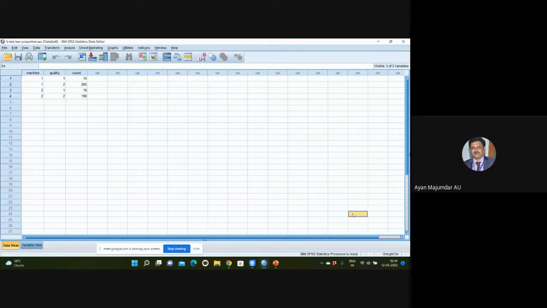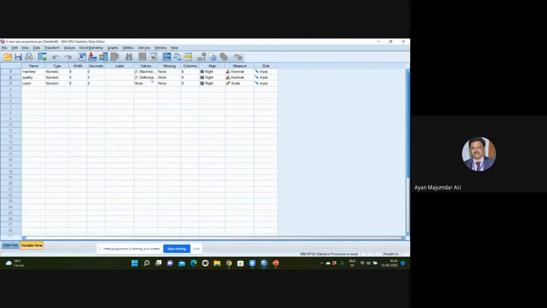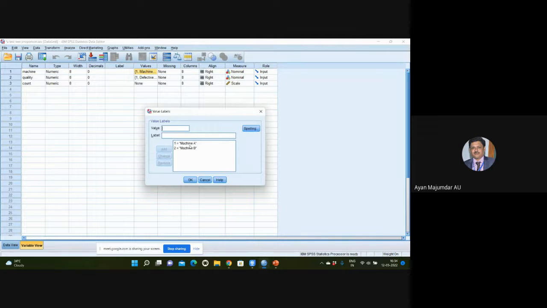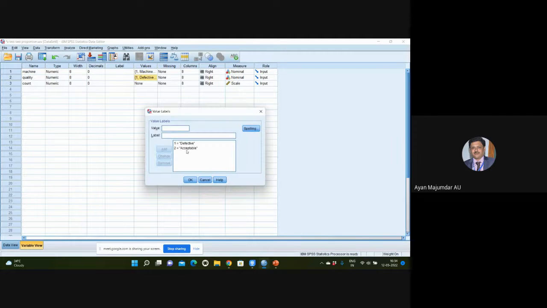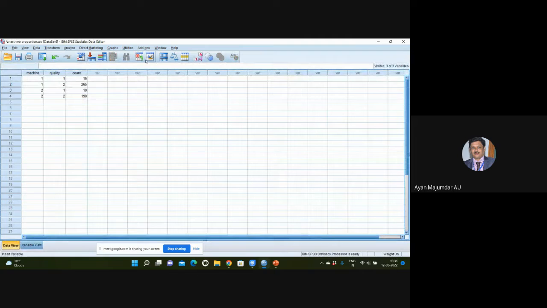In the variable, machine A is termed as 1, machine B is termed as 2, and in the quality also, defective is termed as 1, acceptable is termed as 2, in order to make SPSS understand the different machines and their quality. So machine A: defective items, acceptable or good items. Machine B, that is 2: defective items, good items.